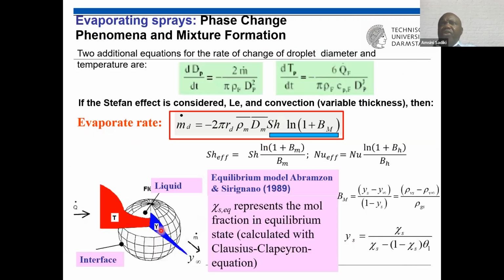And we now have the relationship that allows us to get the evaporation rate in relation with the Spalding mass transfer number, and we obtain the same relationship with the Nusselt number. So there is also now a way to calculate these quantities.